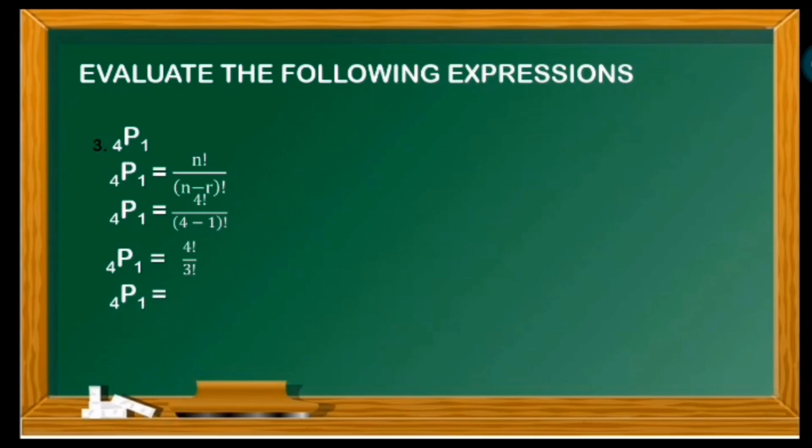So 4 factorial over 3 factorial is equal to 4 times 3 times 2 times 1 over 3 times 2 times 1. Can we cancel out the common numbers? Yes, we can cancel them out. So it is equal to 4.